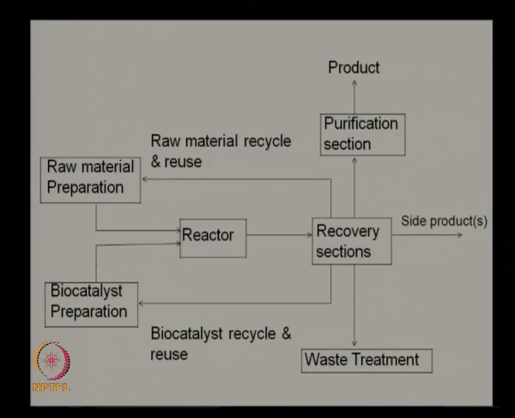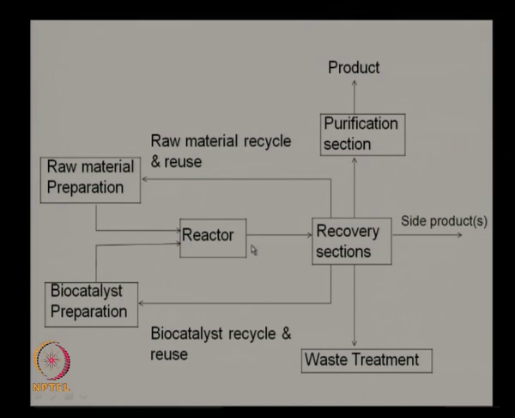Okay. If you look at typical bioprocess product manufacturing, this is called a flow sheet of a manufacturing process. So most of the biochemical processes will have these various units. This is the heart of a bioprocess manufacturing plant.